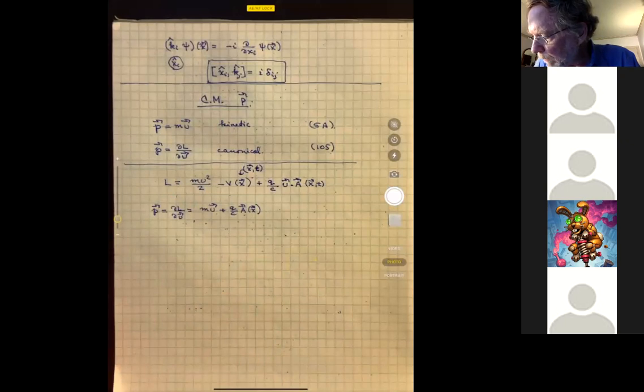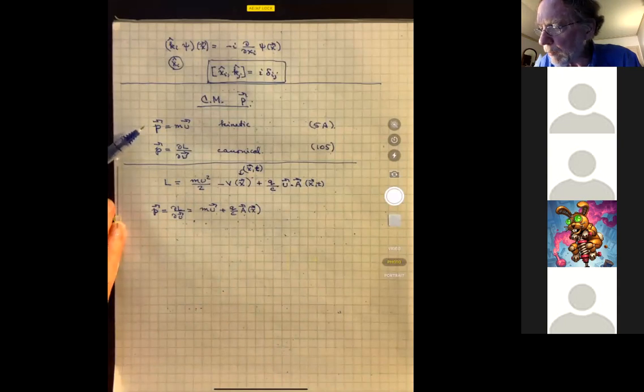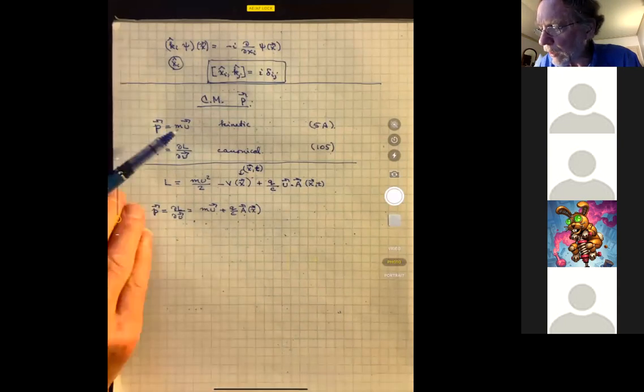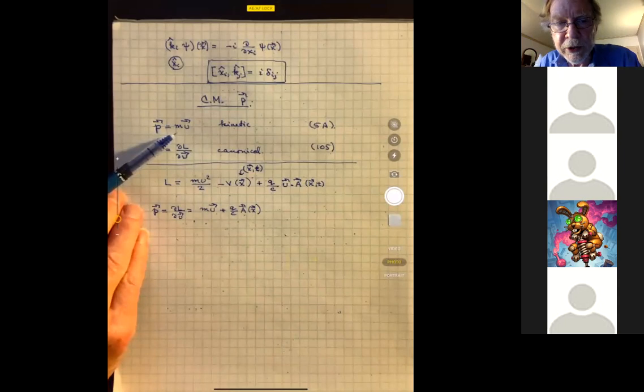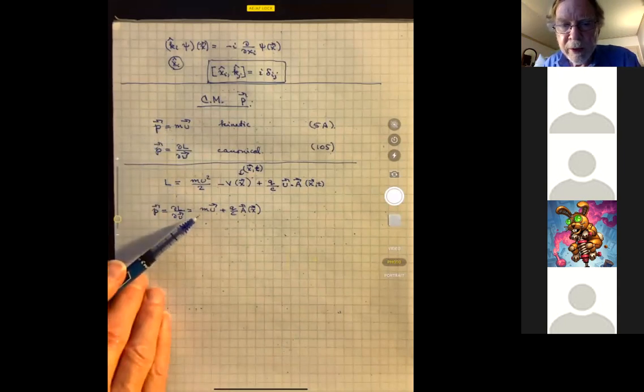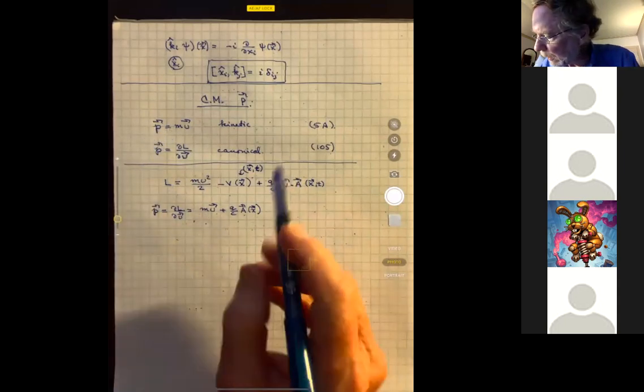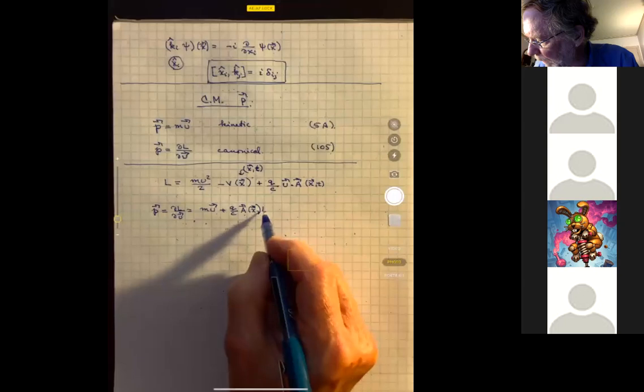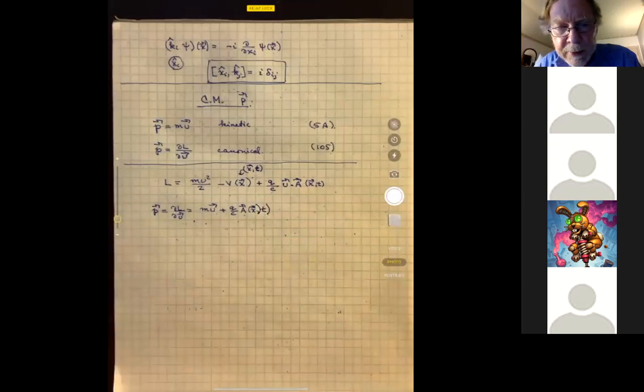Now then, there are various questions you can ask to compare these two momenta. One question is, which one is more physical? The answer is the kinetic momentum is more physical because it's just related to the velocity of the particle, which you can measure. Whereas the canonical momentum involves the vector potential, which again could depend on time. I left that out, but I could put it back in.